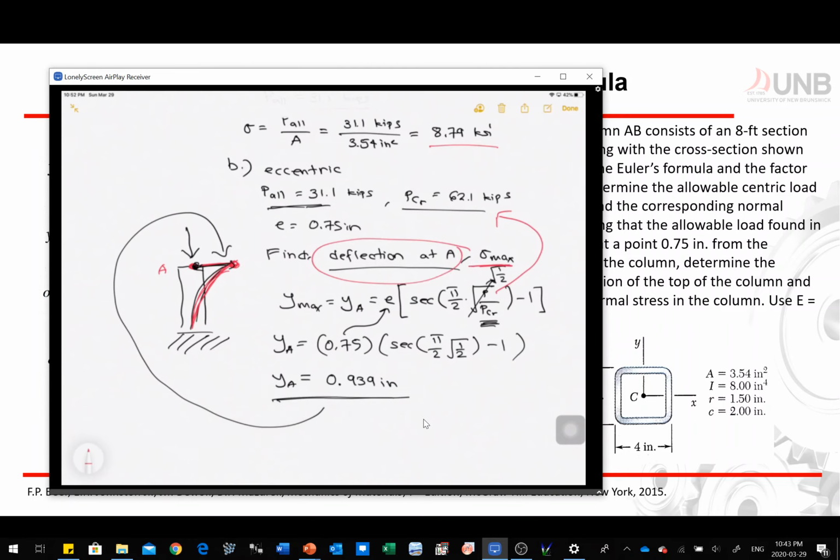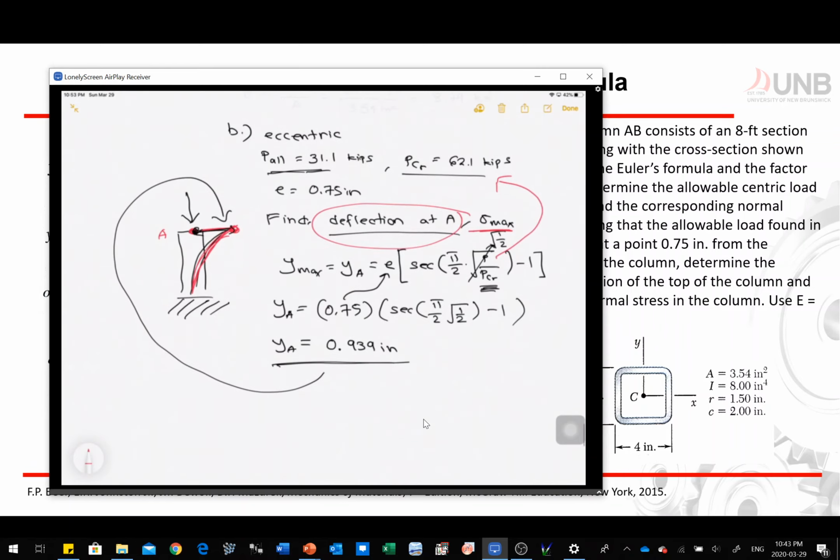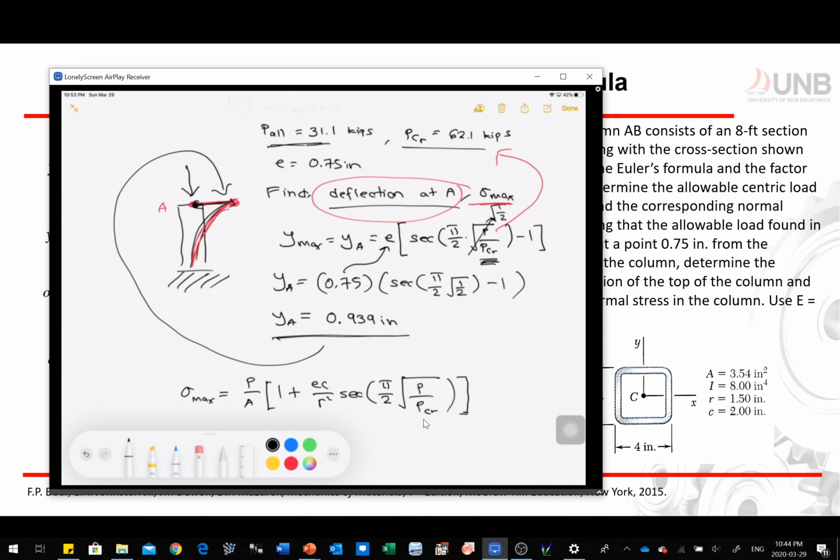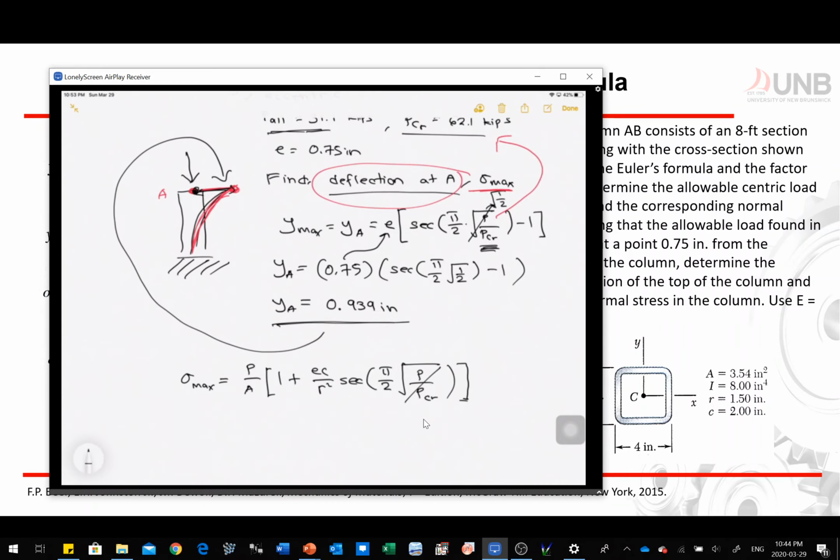We're going to move to our sigma maximum. We have an equation for our sigma maximum, which is sigma max is equal to P over A times 1 plus EC over r square, secant of pi over 2 square root of P over PCR. Again, remember that we derived that equation earlier. And this guy right here is again square root of 1/2.